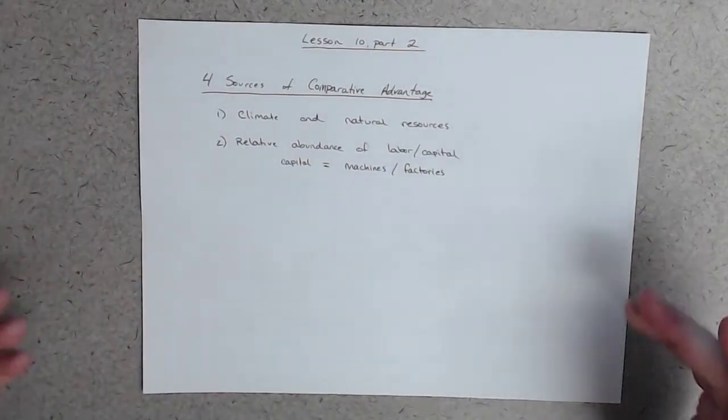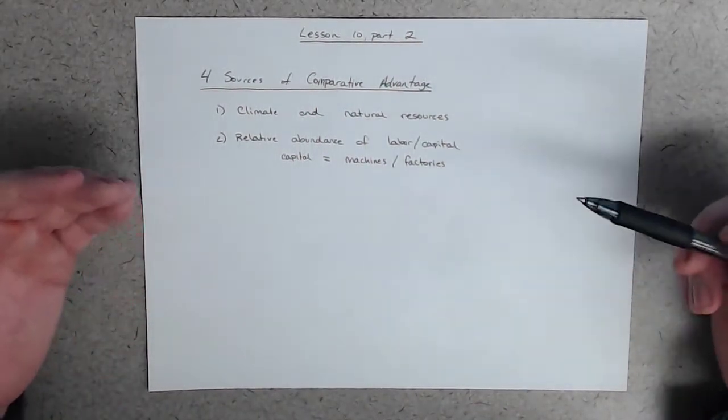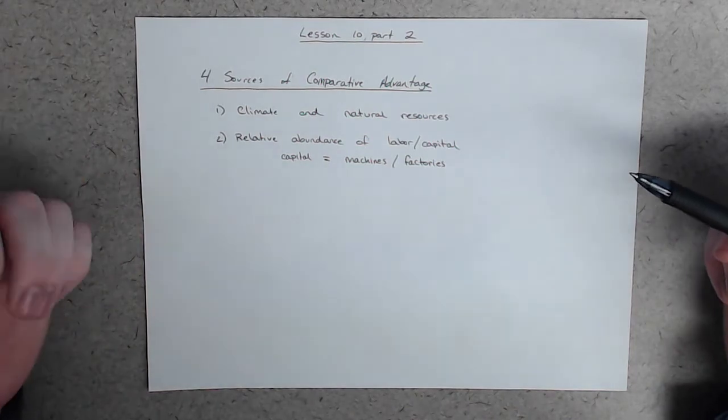There are other forms of capital, I'm not disputing that, but for our purposes, we're going to say capital is machines and factories. Okay?